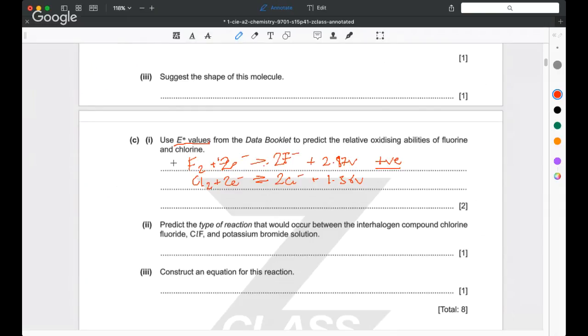So fluorine is the stronger oxidizing agent. And if you continue down the halogen group, then chlorine would be more strongly oxidizing than bromine, which would be more strongly oxidizing than iodine.